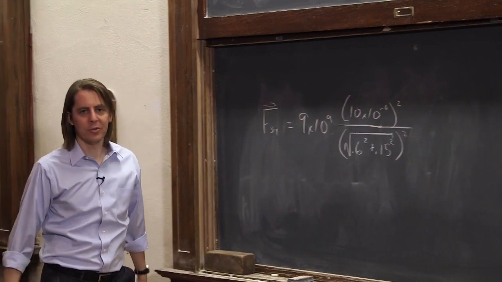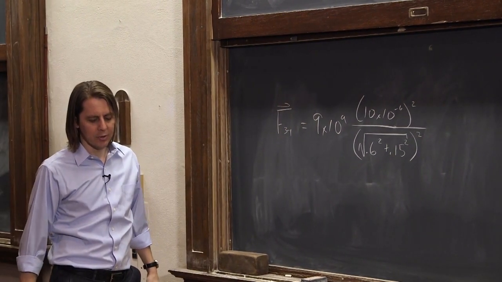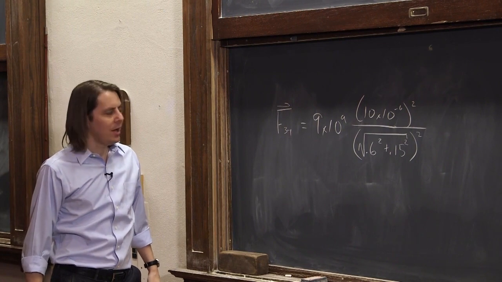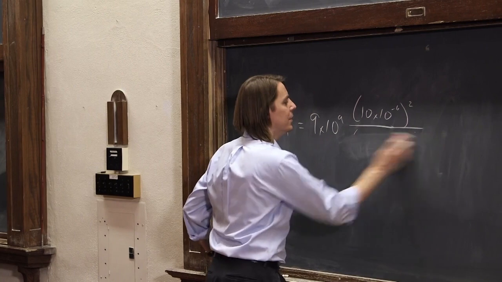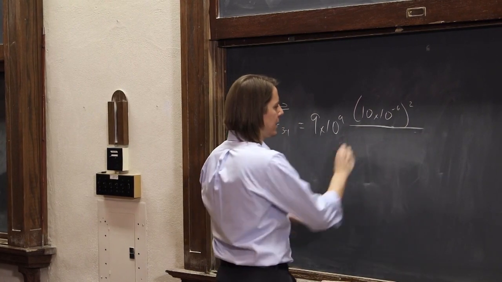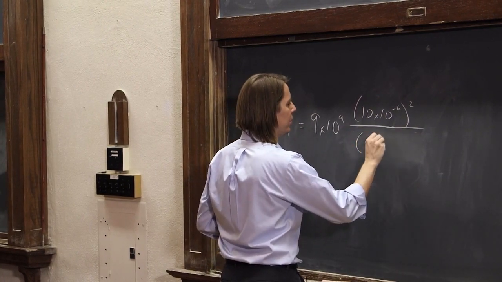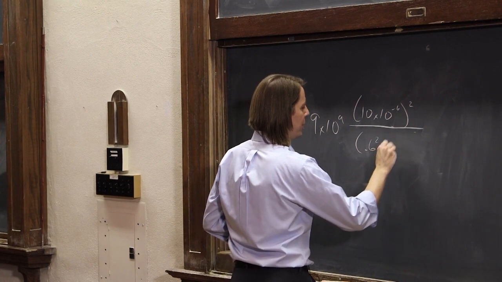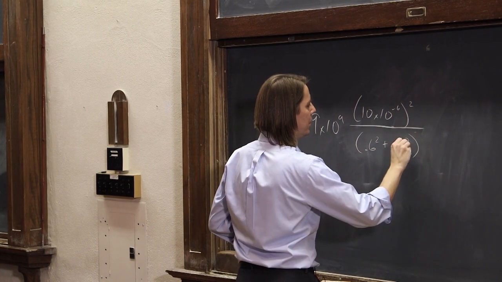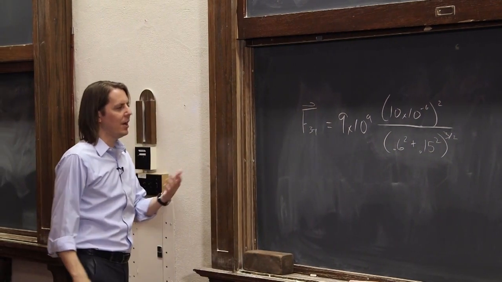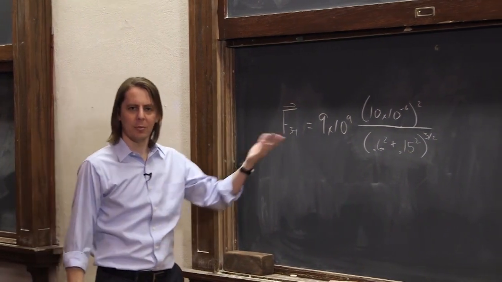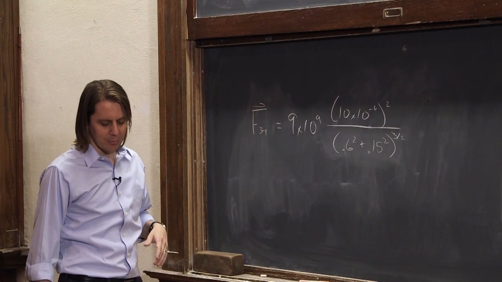Before I didn't even bother with the squares and the square roots. I just wrote it down that way. But now it's not squared, it's cubed. So to write this correctly, it's 0.6 squared plus 0.15 squared, and it's to the 3 halves. It's a square root of that, to the 1/2, but it's also cubed, so you multiply those, and it's to the 3 halves in the bottom.